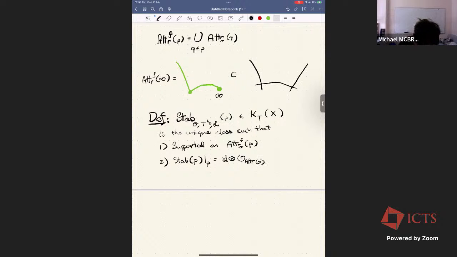So what this is saying is a kind of normalization condition, I think. If you are looking in a neighborhood of the point P that you started with, the stable envelope is some determined twist of the structure sheaf. So this is an explicit line bundle.